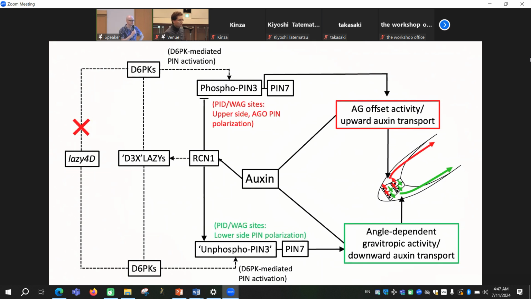Do you think this might have to do with the timing of the response, as D6PK comes very early, or is it a completely different system, so to speak? There could be differences, but I don't think it's that. I think fundamentally D6PKs seem to be contributing somehow to this upward movement, this upward auxin influx. That's one of the most obvious things. So I don't think it's short-term versus long-term.